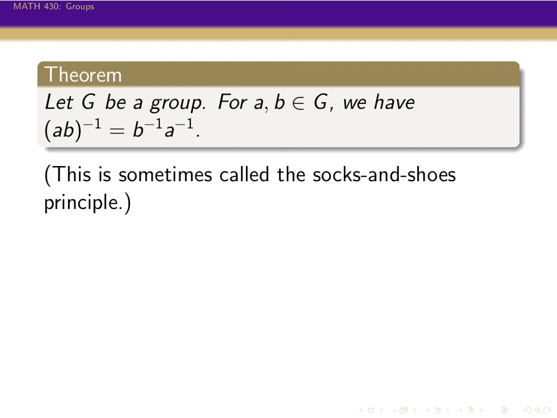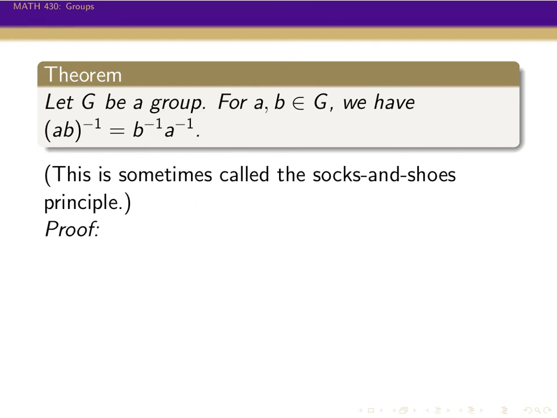So in this case, A is putting on socks and B corresponds to putting on shoes. If I put on socks and shoes, the inverse of that is taking off shoes, then taking off socks. And in fact, putting on socks and shoes is often used as an example of a non-commutative operator on yourself. Putting on socks and then shoes is not equivalent to putting on shoes and then socks.